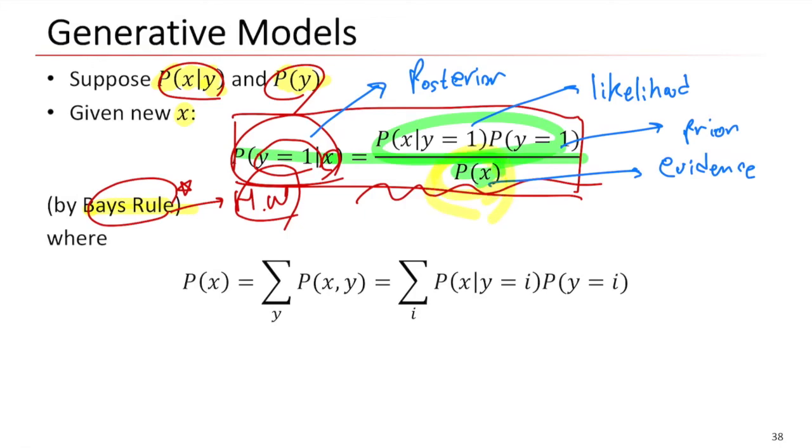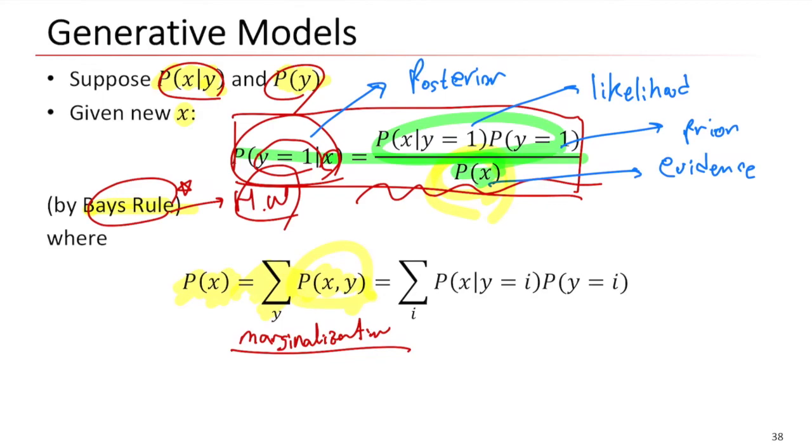And this part, p(x), the probability of x, will be estimated as the summation of the joint probability x, y by marginalization. Remember what marginalization is from the first lecture of this class.